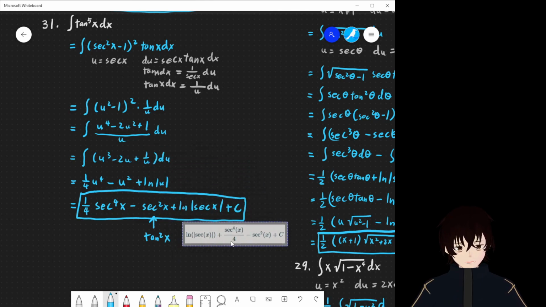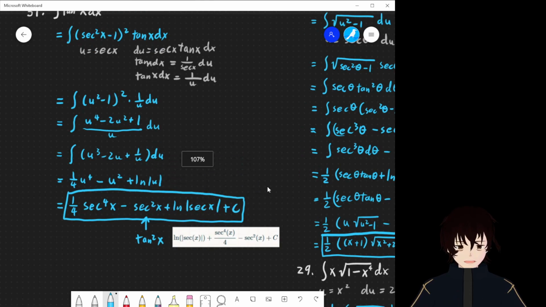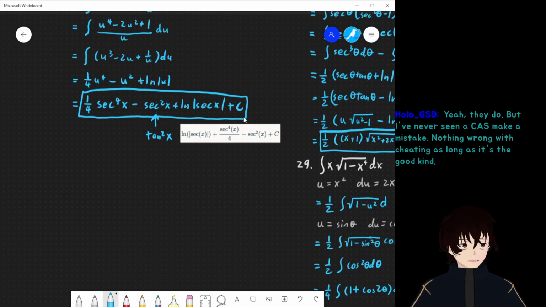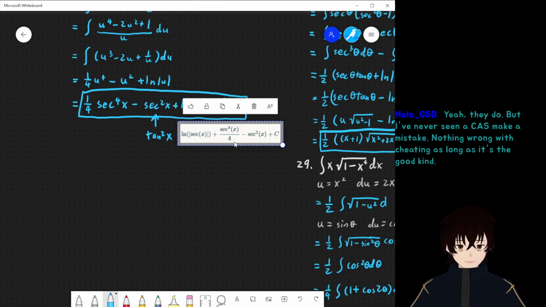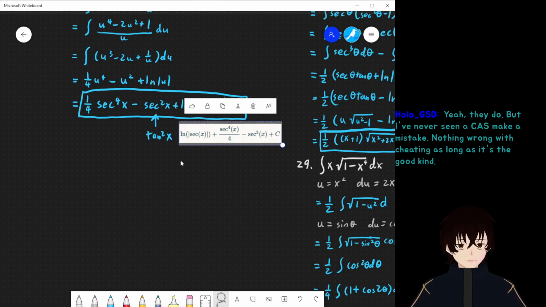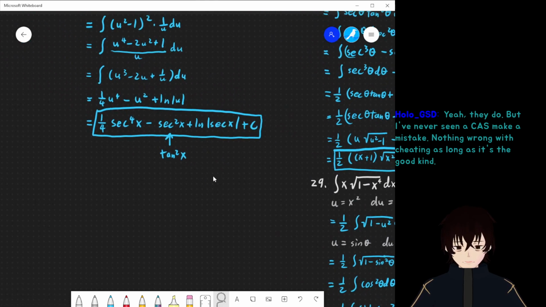I think I was right. I think the textbook has a problem. Yeah, I think the textbook has a problem because this is what the cast tells me. This is the same answer as the one I have. Alright, we're fine. Textbook has me confused.